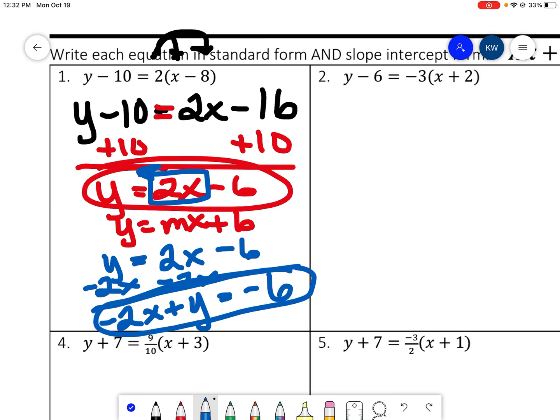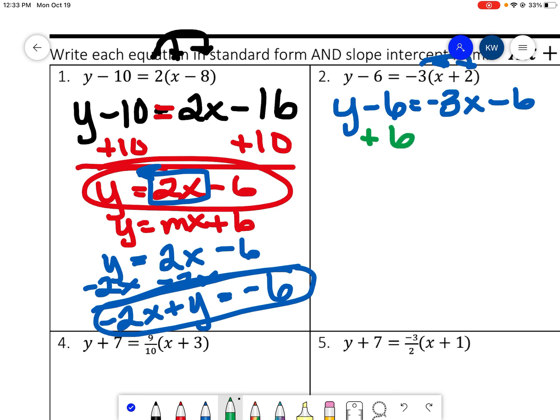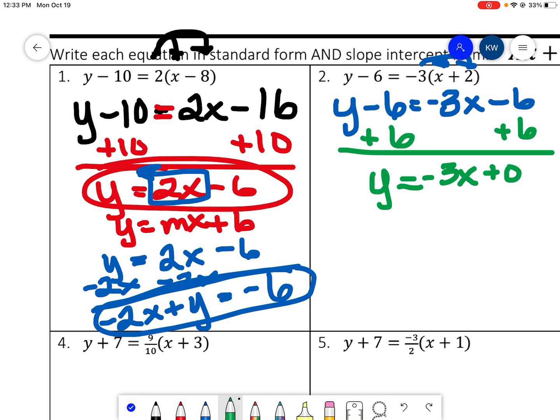So again, step 1 is to distribute. So y minus 6 equals negative 3x minus 6. Step 2 is to get rid of the constant with the y by doing the opposite operation. This is slope-intercept form.